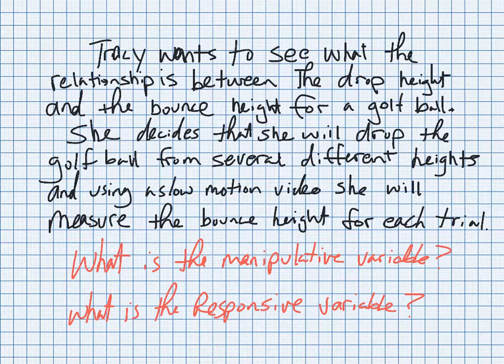Well, I hope you're thinking what I'm thinking, and that the manipulative is the drop height, and therefore the bounce height is going to respond to the height from which the ball is dropped. I hope that makes sense.